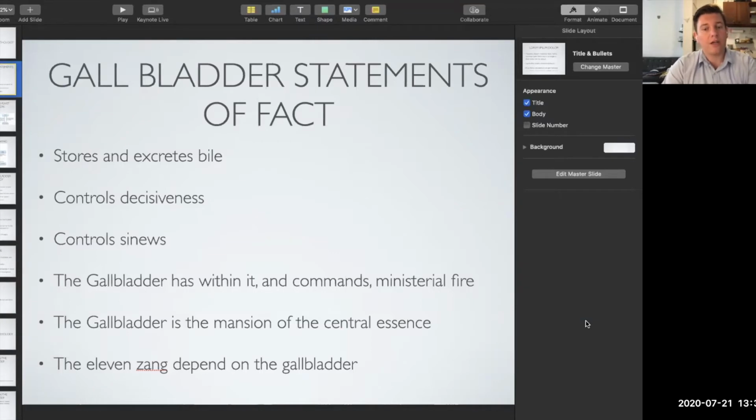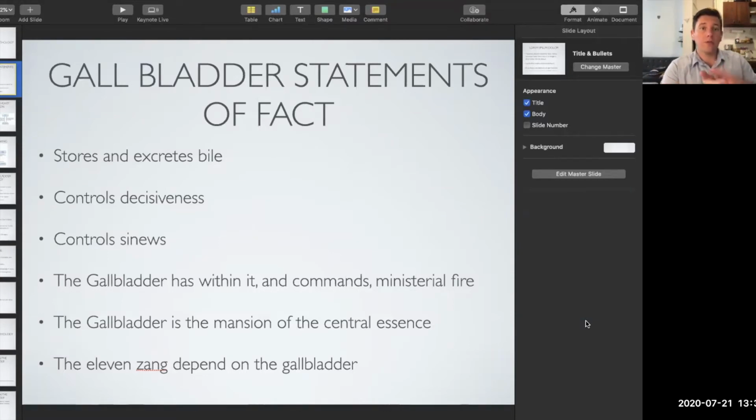And the 11 zong depend on the gallbladder. We have the idea that the stomach is the elder of the 12 channels, of the 12 organs. And when we say 11 zong, they mean zong and fu here. But the 11 zong depend on the gallbladder because of this decisiveness, the ability to move forward, to make decisions, to make actions, which is necessary for the entire structure to work.